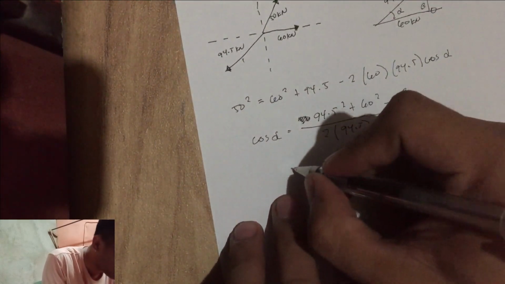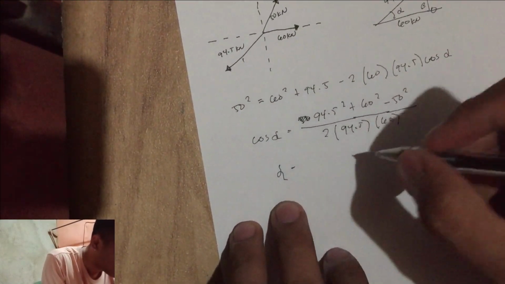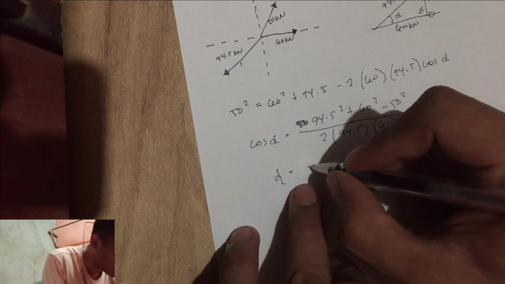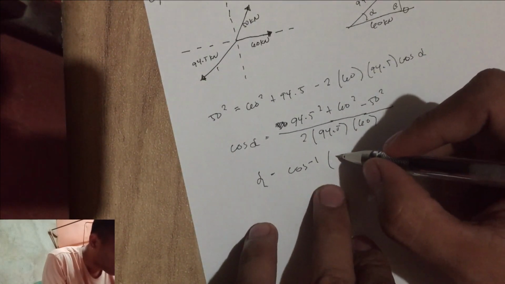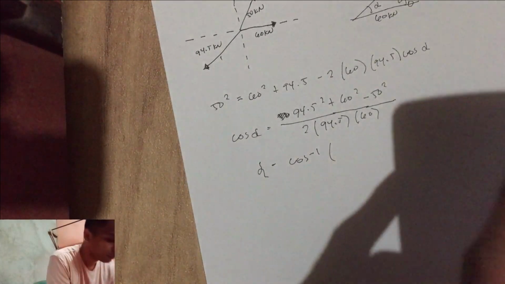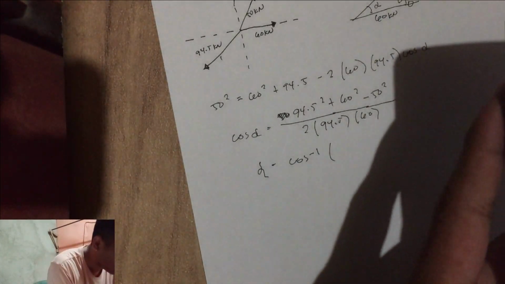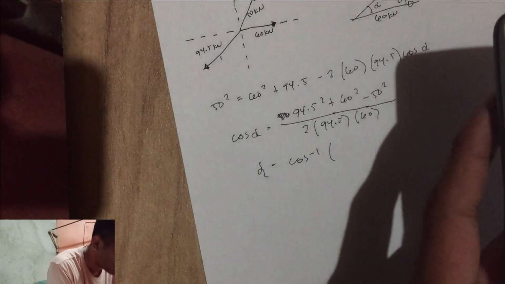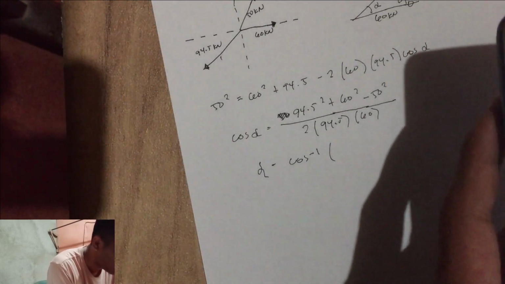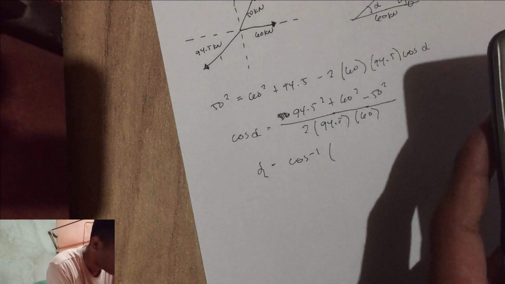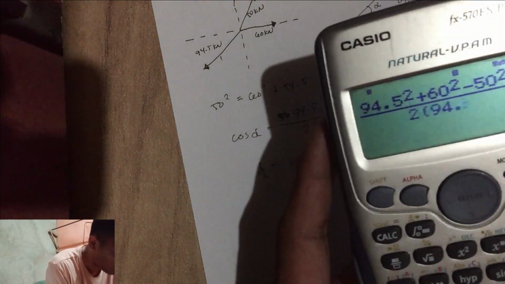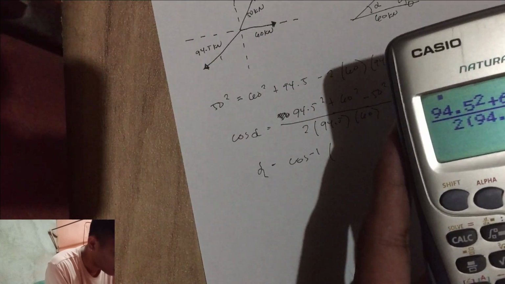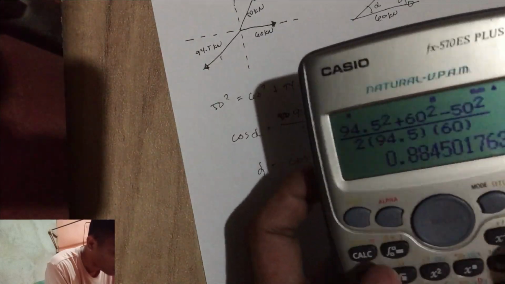Therefore, our alpha is cos negative 1 of 94.5 squared plus 60 squared minus 50 squared over 2 times 94.5 times 60.